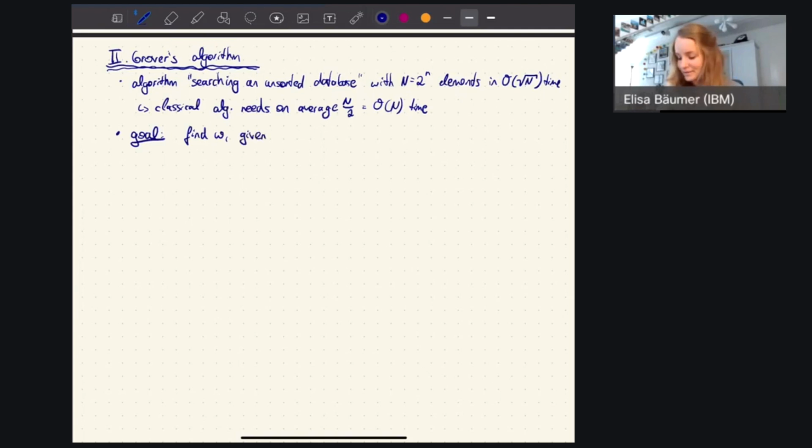And we again have an oracle U_f, again a phase oracle as we defined earlier, with a function that takes n bits as input and outputs either 0 or 1.